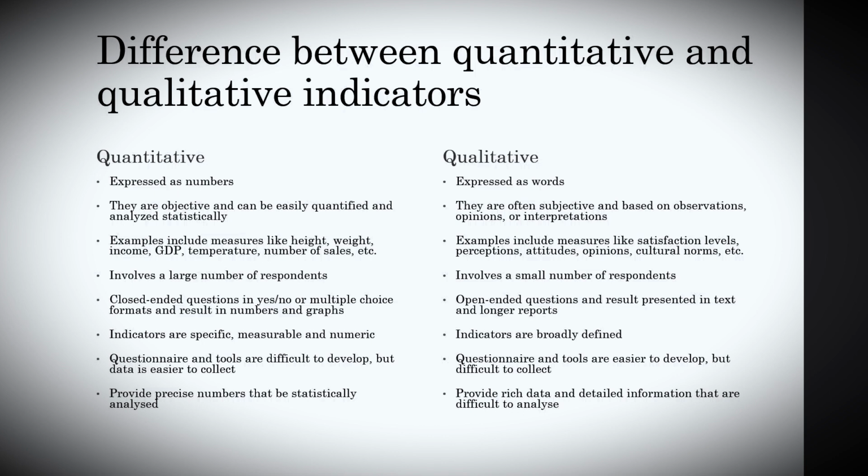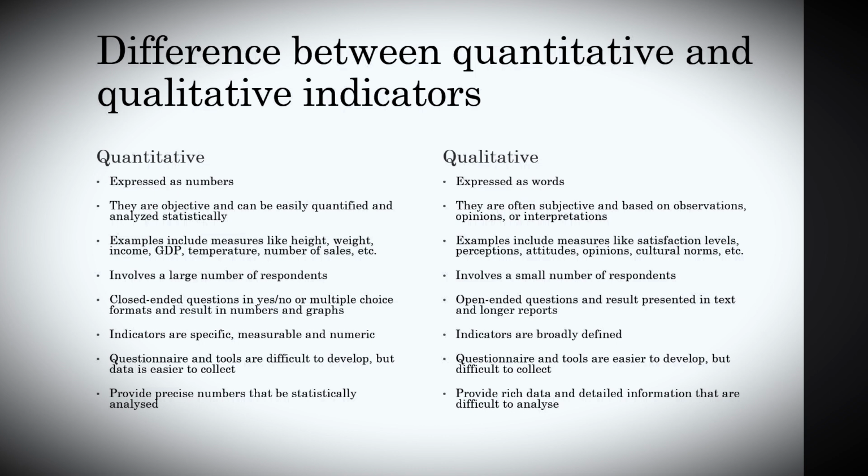We have a set of tools that you can use to analyze quantitative indicators, while qualitative indicators are subjective and based mostly on superficial observation or interpretations. Examples of quantitative indicators include height of a person, weight of a person, income of a person, GDP of a country, temperature, and number of cents.